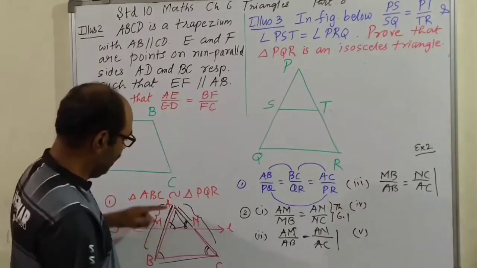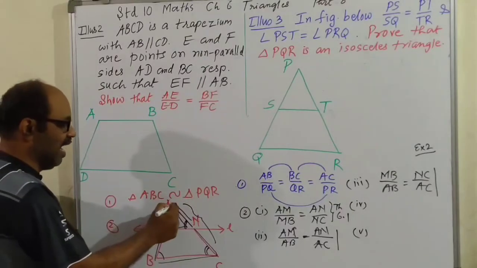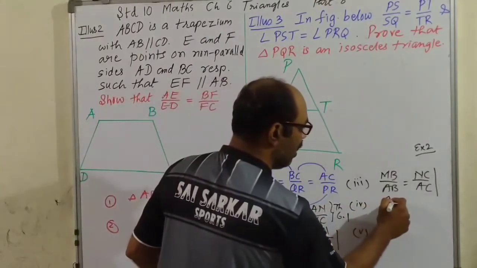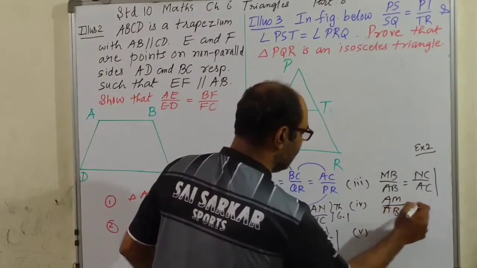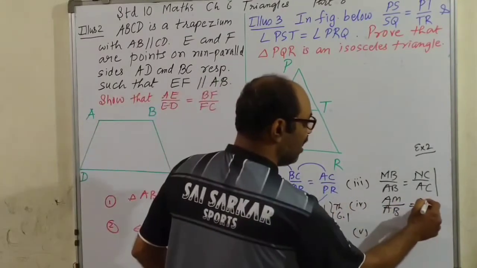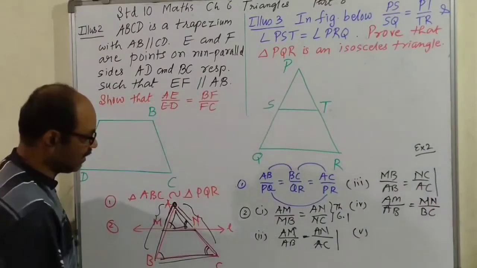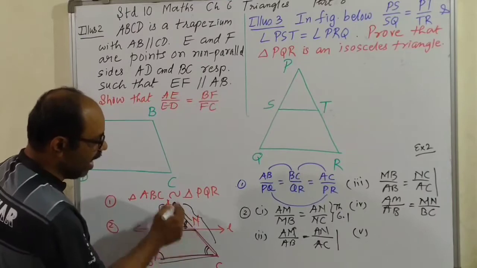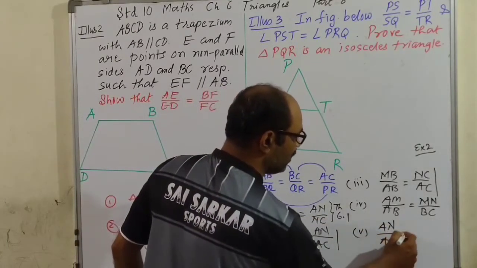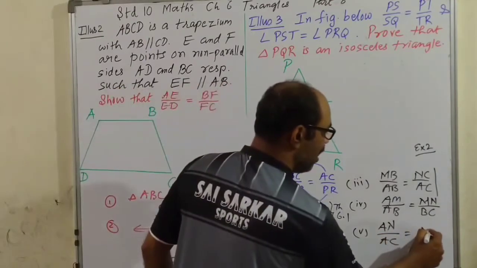So you get this: AM upon AB, taking from the vertex, is equal to MN upon BC. Next, this side, AN upon AC is equal to MN upon BC.